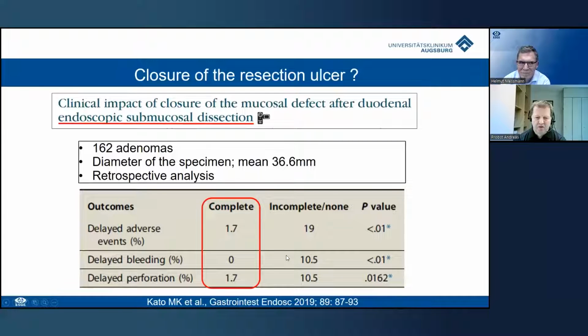But the colleagues from Japan showed if they completed the closure of the resection ulcer after ESD, the delayed adverse events rate was only 1.7%. So this is much lower compared to our rates of delayed complications. And there is another strategy.